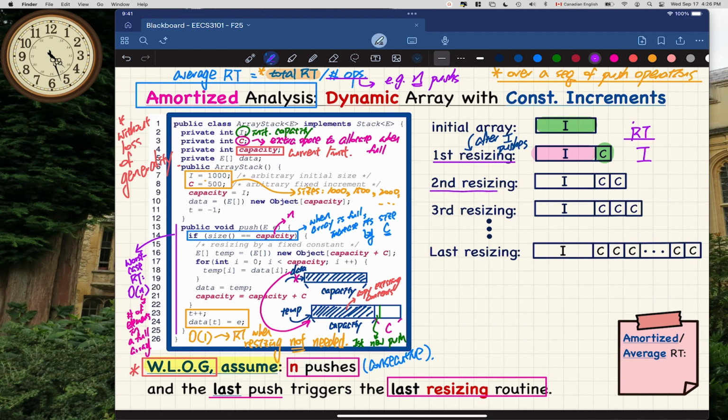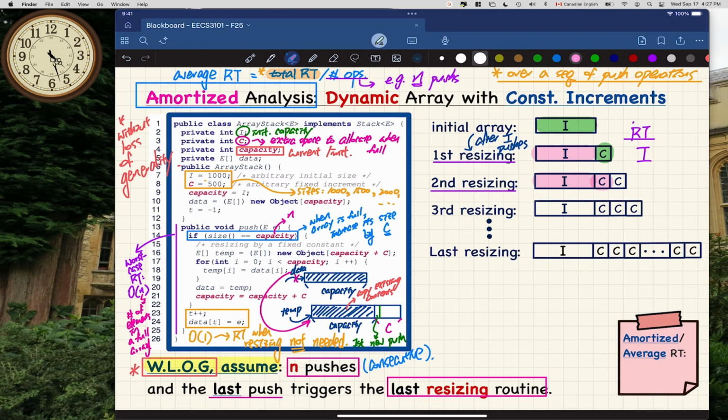And then what about the second resizing? For the second resizing, it's after another how many pushes? Is it I or I plus C? Not exactly I plus C. Okay, you're getting there. Think about this one here. That one was already full, right? So we don't really push to there anymore. So it's really another C pushes, right?